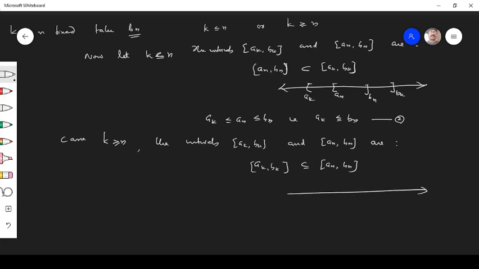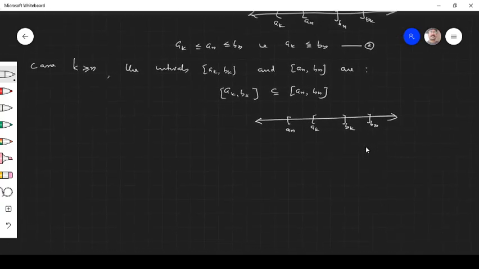In the picture we can place [a_n, b_n] like this, and then [a_k, b_k] is like this.